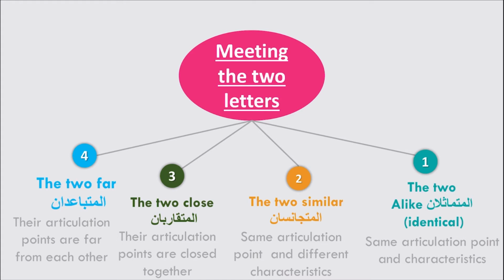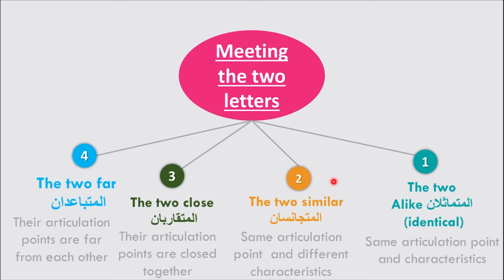The scholars call it the 2 alike, or the 2 identical, or al-mutamathilan. They have the same articulation point and the same characteristics.